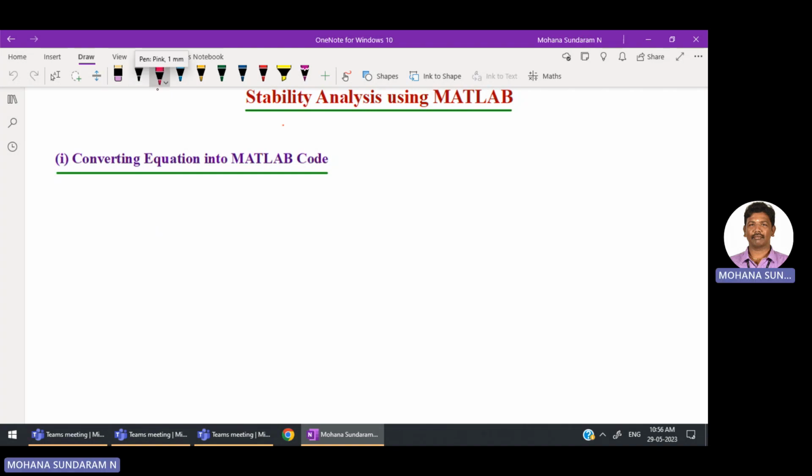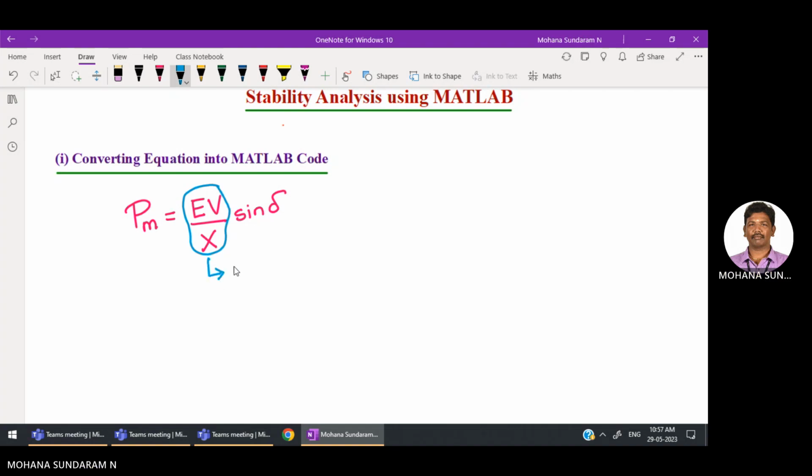The first equation we are going to take is Pm, that is mechanical power, equal to E into V divided by X into sine delta. This is the general formula. Usually we call this portion EV by X as P max.